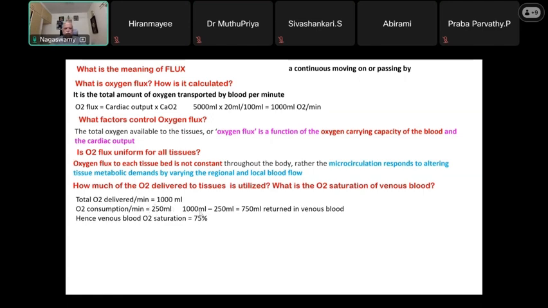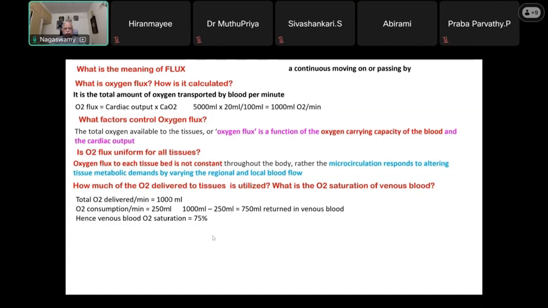So 1000 minus 250, 750 ml will be returned in the venous blood. Not all the oxygen delivered to the blood at the pulmonary level is utilized, so almost 750 ml comes back. So the venous oxygen saturation should be 75%.